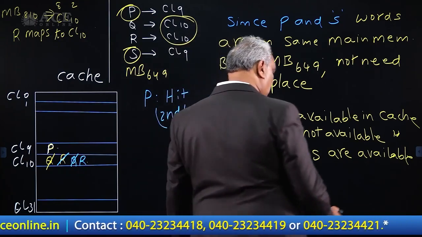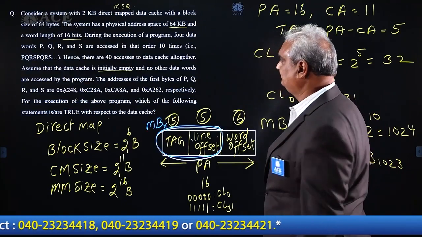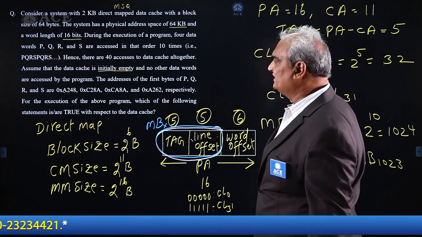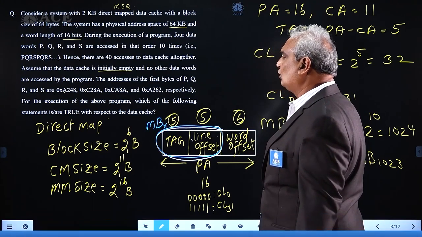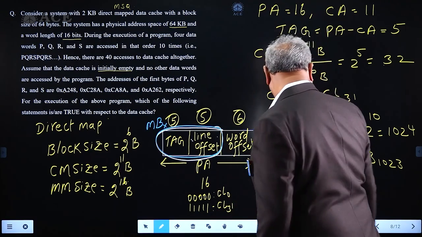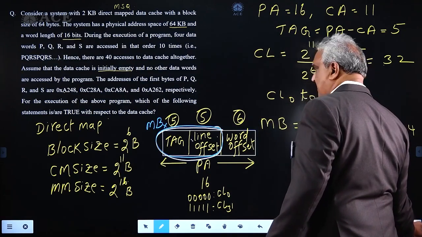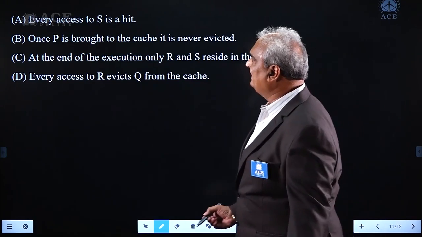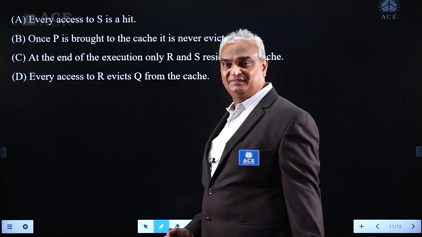Now go to question 1. For the execution of the above program, which of the following statements is/are true with respect to data cache? In this, observe the options. Every access to S is a hit.